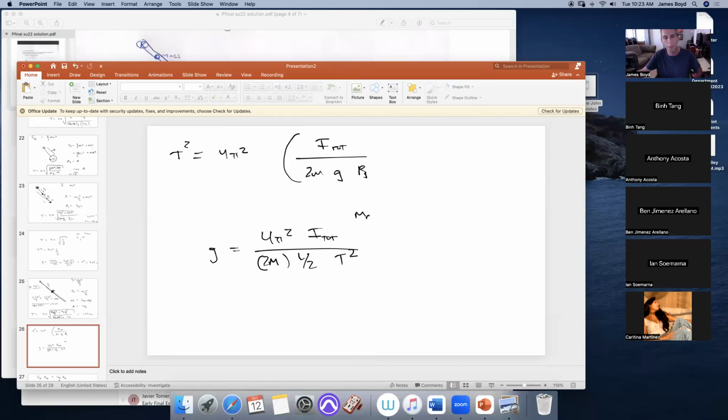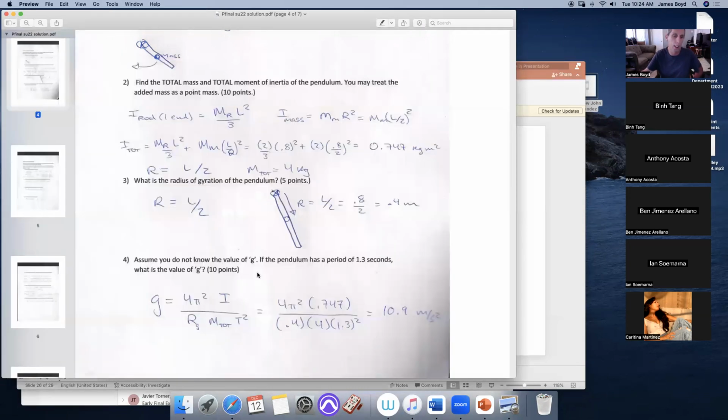I total was m of the rod, L squared over 3 plus m of the point, L squared over 4. And T was 1.3. So plugging all that in, you get 10.9 meters per second squared.